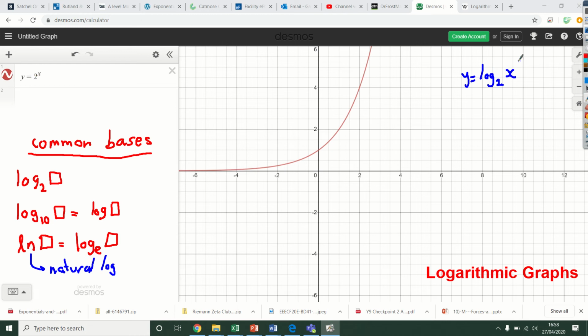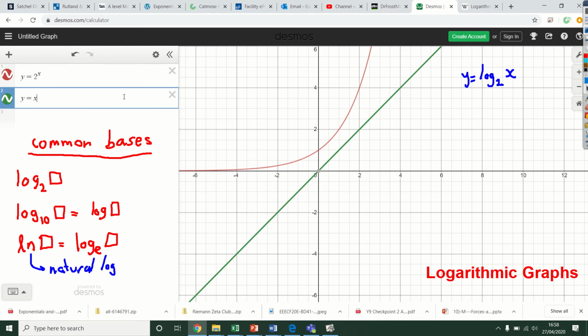Logarithms and exponentiation, they're inverses, so you can expect this to be the inverse operation to this one. And to plot it, we know the usual trick. You can reflect it in y equals x. If I plot that, we can get a better idea of where the mirror line goes. That's y equals x. If we reflect all of these coordinates, then we can see how the log graph relates to the exponential graph.